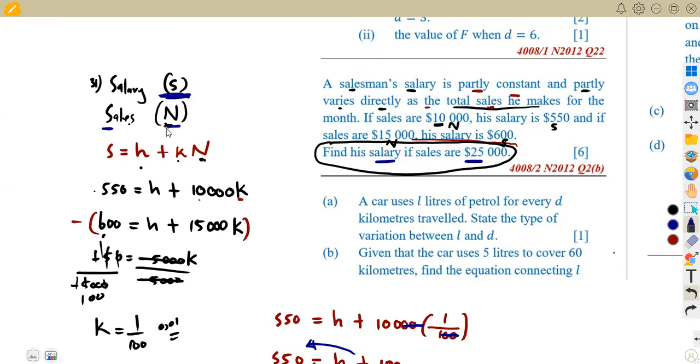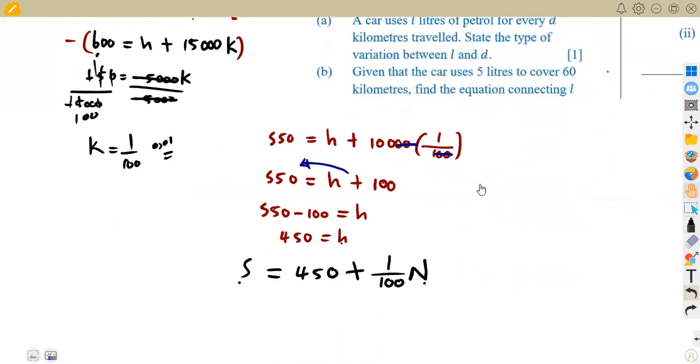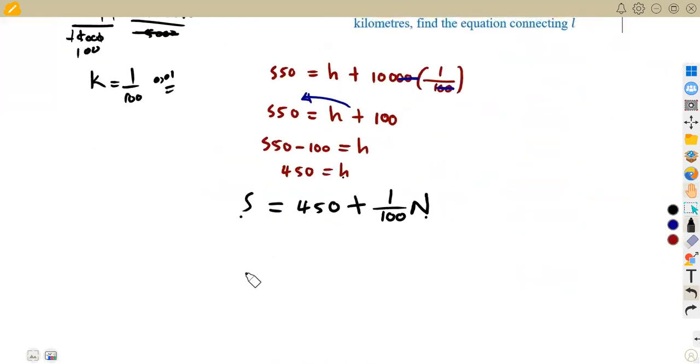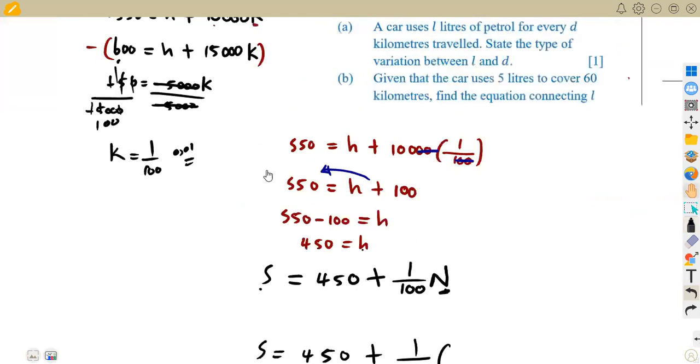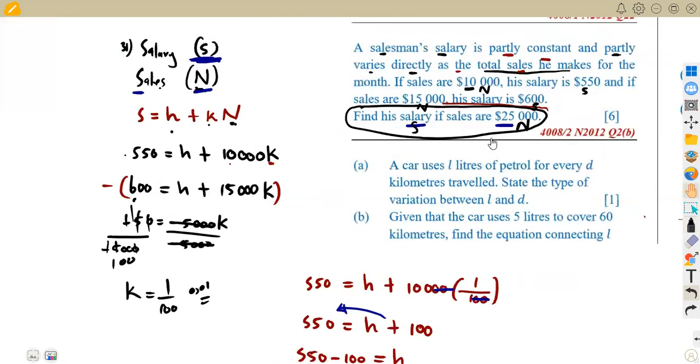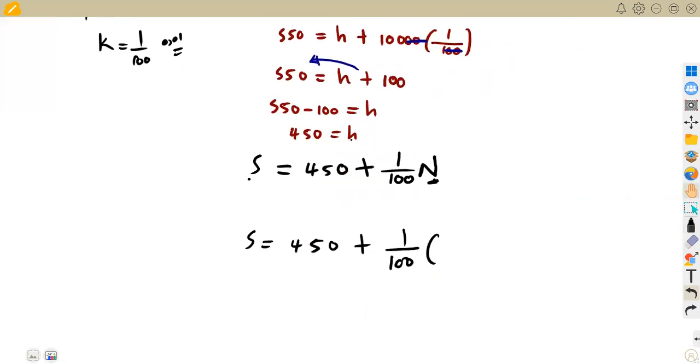So the sales, it's N, and we are given that N is 25,000. So S is equal to 450 plus 1 over 100 times N, remember N is our sales, and these are the sales that we are given of 25,000. So we are given that the sales for that particular month was 25,000.